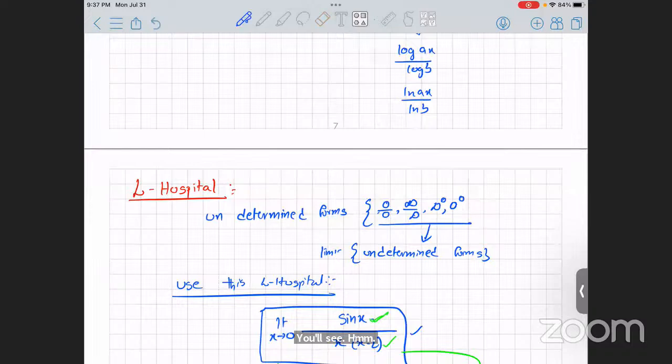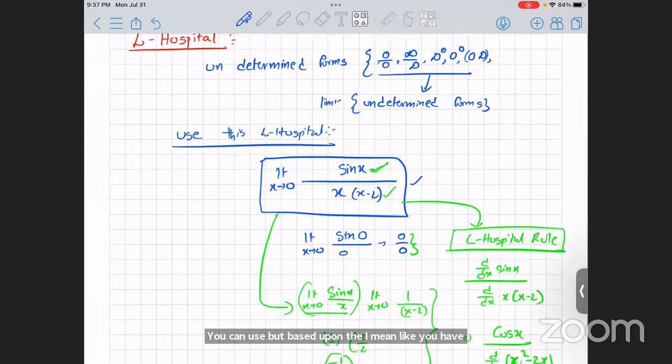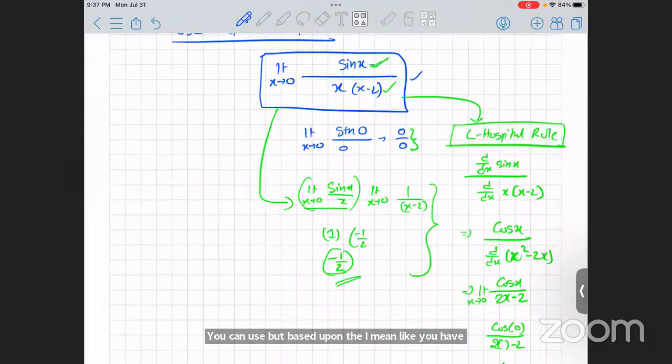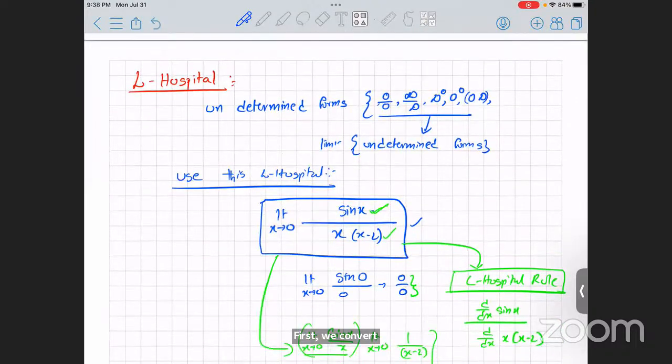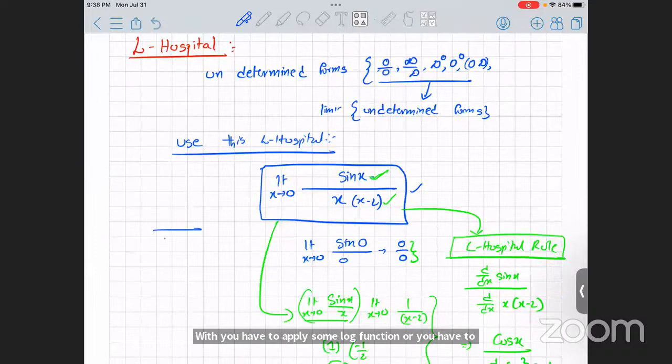Sir, but L'Hospital can be used only in 0 by 0 and infinity by infinity. No, you can use it, but you have to first convert it into 0 by 0 form. You have to apply some log function, or convert it into numerator and denominator form.